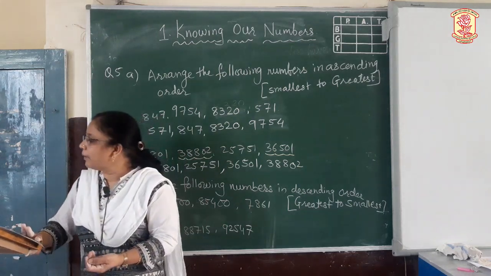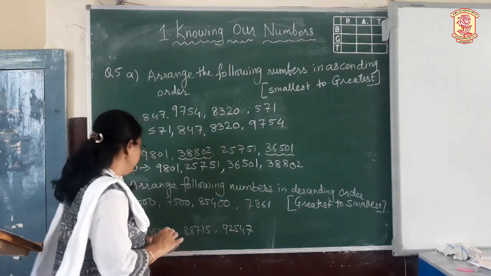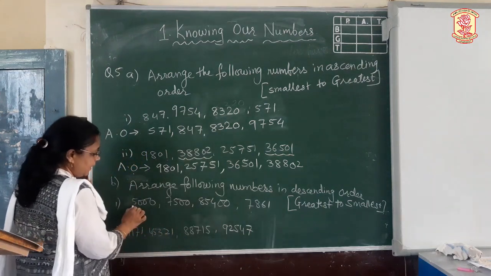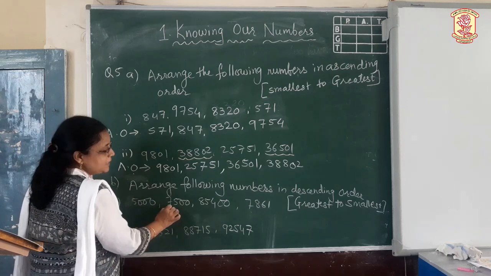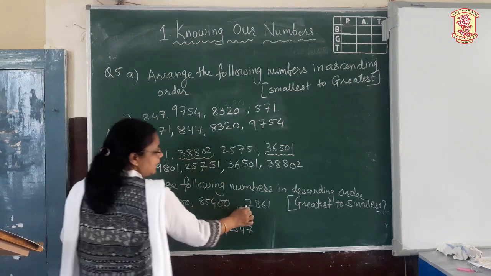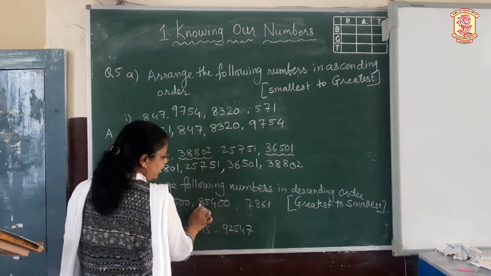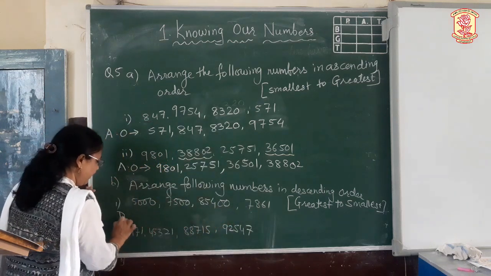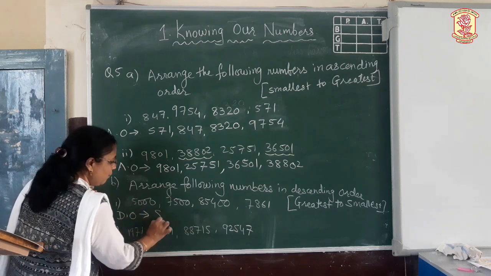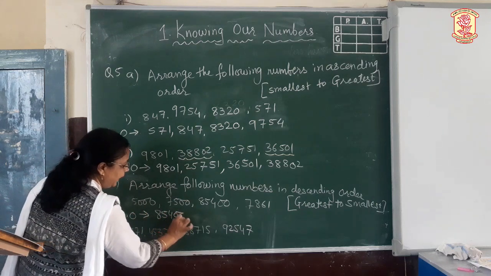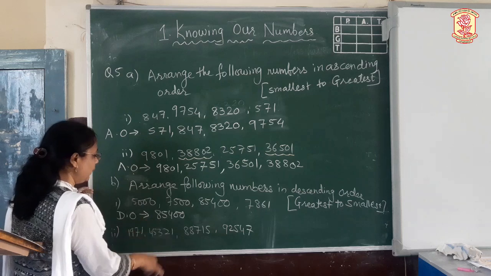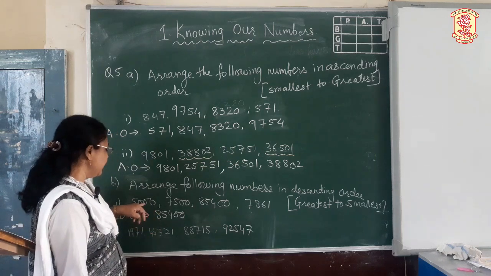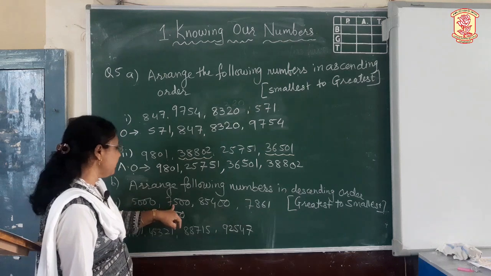Now from these numbers we have to find out which one is the greatest. Now see, this is a 4-digit number, this is also a 4-digit number, this is also a 4-digit number and this number is a 5-digit number. So the 5-digit number will be greater. So first we will write the 5-digit number 85,400.